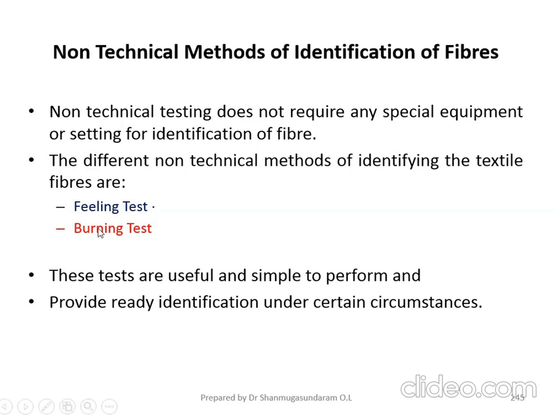By burning the fibers, you can come to know to some extent what the fiber is, whether it may be cotton or a protein fiber like wool or silk. So these two tests come under the category of non-technical methods. Okay, these tests are useful and simple to perform and provide a ready identification under certain circumstances.